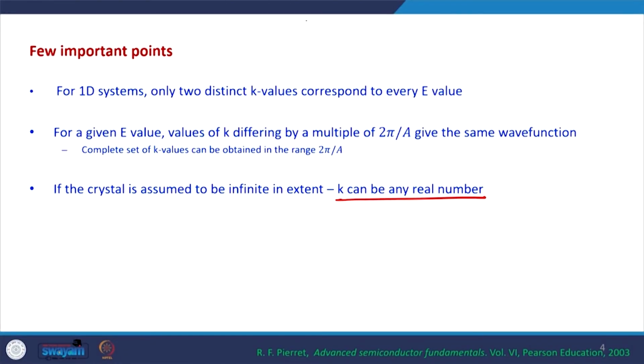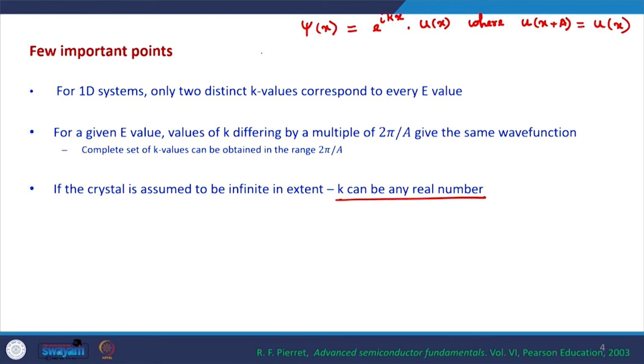And this we can see also from the statement of Bloch's theorem. The statement of Bloch's theorem says that the wave function can be written as e to the i k x times u of x, where u is a periodic function with the period of the potential profile.